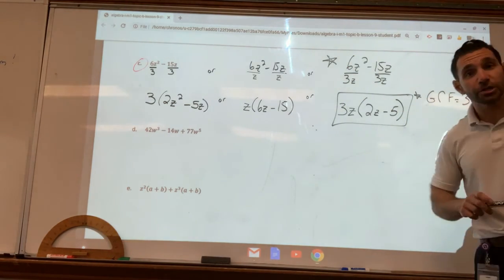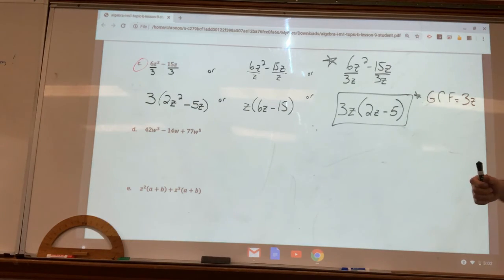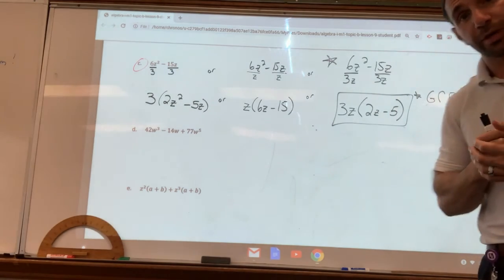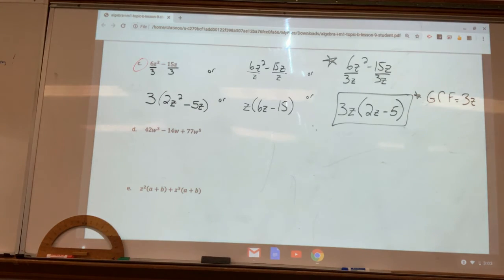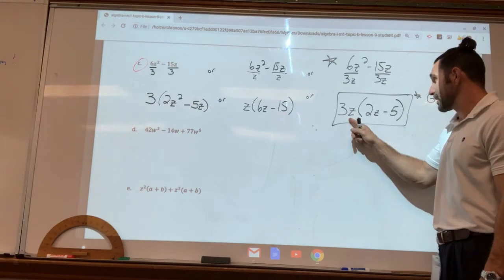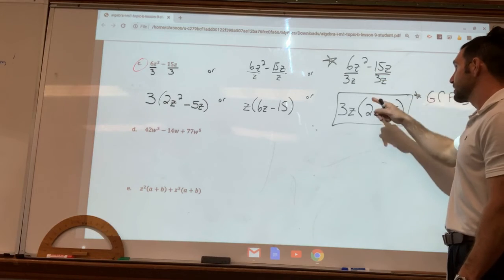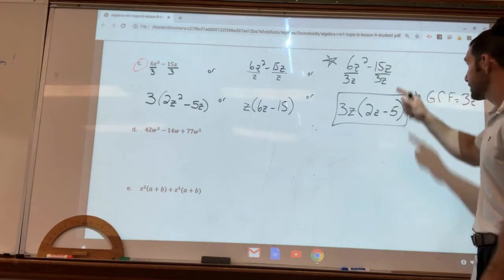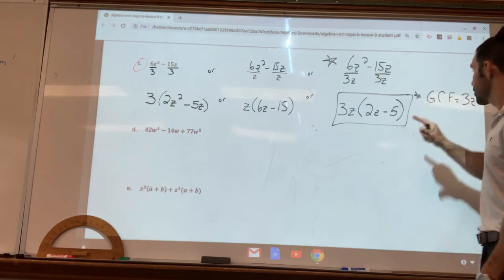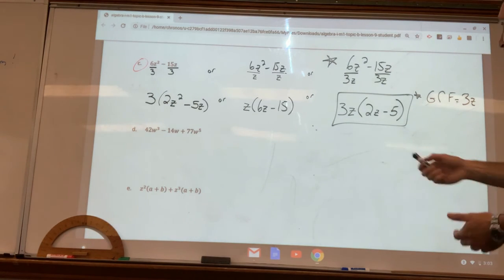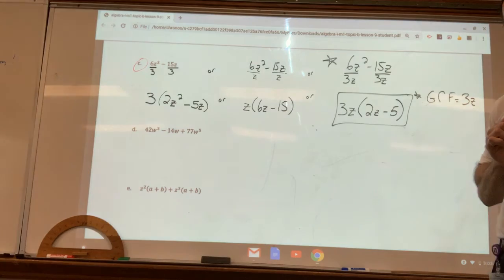The 3 is the largest numerical value that goes into both 6 and 15. z is the largest variable with degree that goes into z squared and z. When I factor it out, I'm dividing out 3z. What's left over is 6 divided by 3 is 2, z squared divided by z is z, and minus 5. The GCF is 3z. That's my greatest common factor. But if I want something completely factored, this is it.